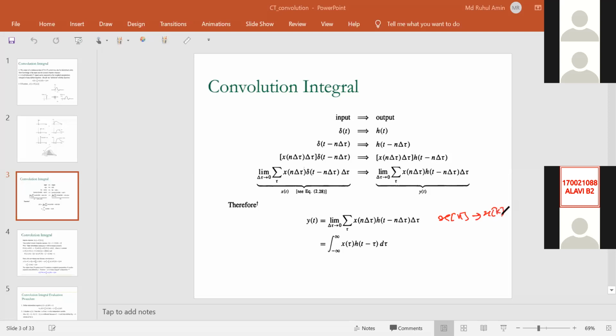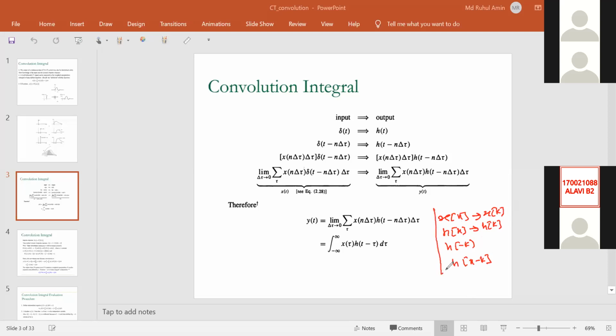That will not change the profile of your signal. Then your hn was given, then from hn we determine hk. Then we reflected the hk. Then after reflection, we shifted the hk, then we perform the sum. These are the steps.